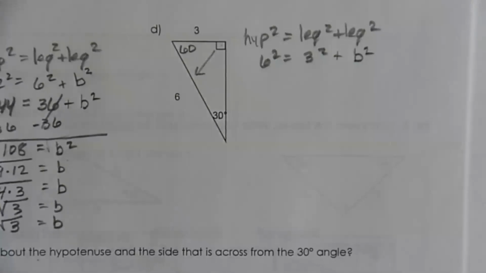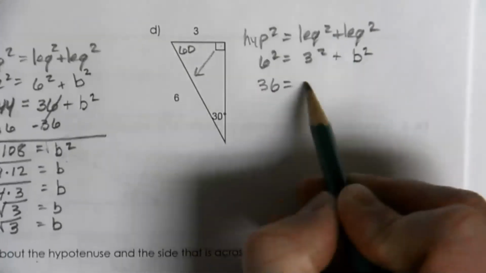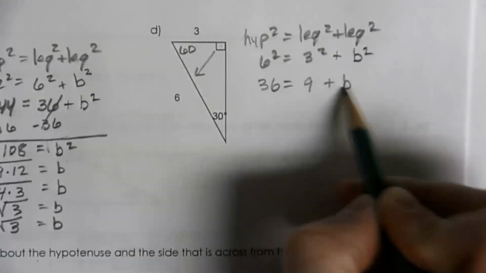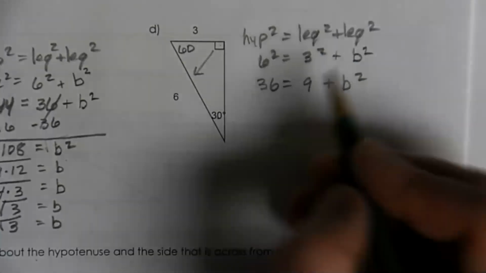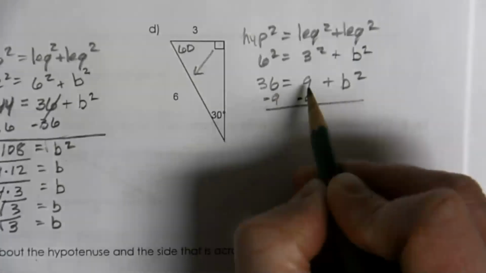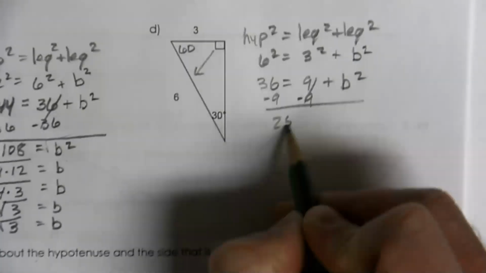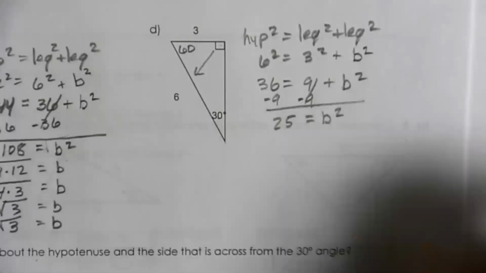I like to call that letter B. So we get 36, we got 9, and B squared. So as we have in the past, we subtract the 9 to the other side to get 25. No, we don't. What do we get?